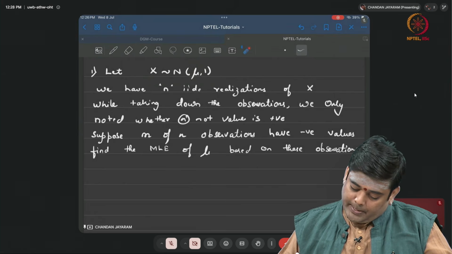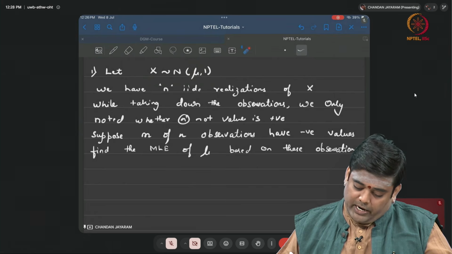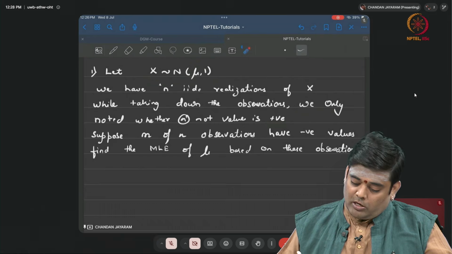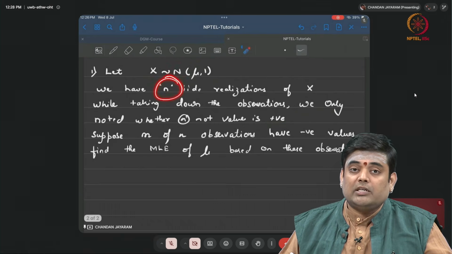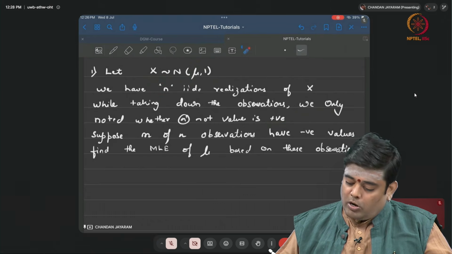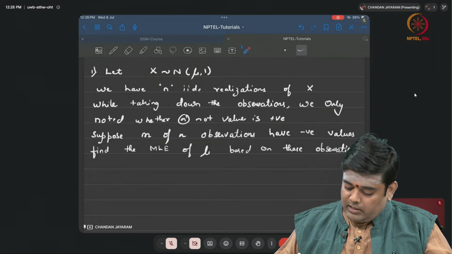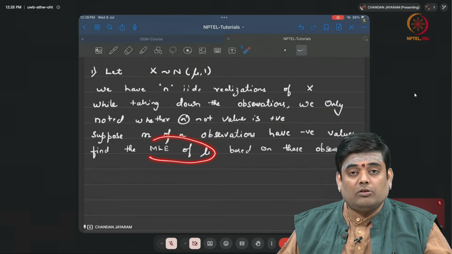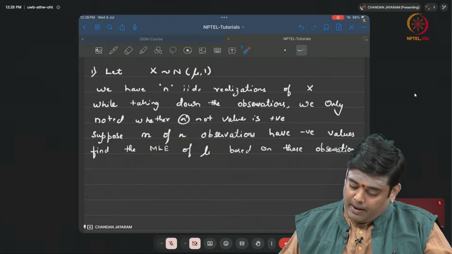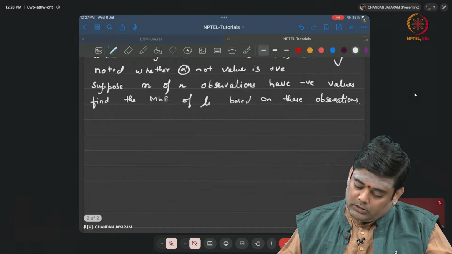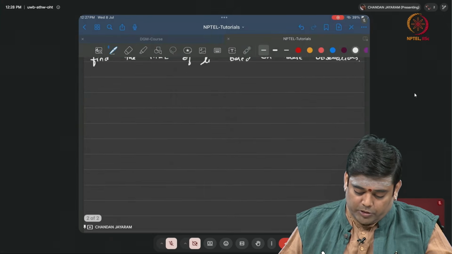We only noted whether each is positive or not. Out of these n realizations, m of them are negative. Now what is the maximum likelihood estimate of this mu? How do we go ahead and calculate this? Let us go into the solution.